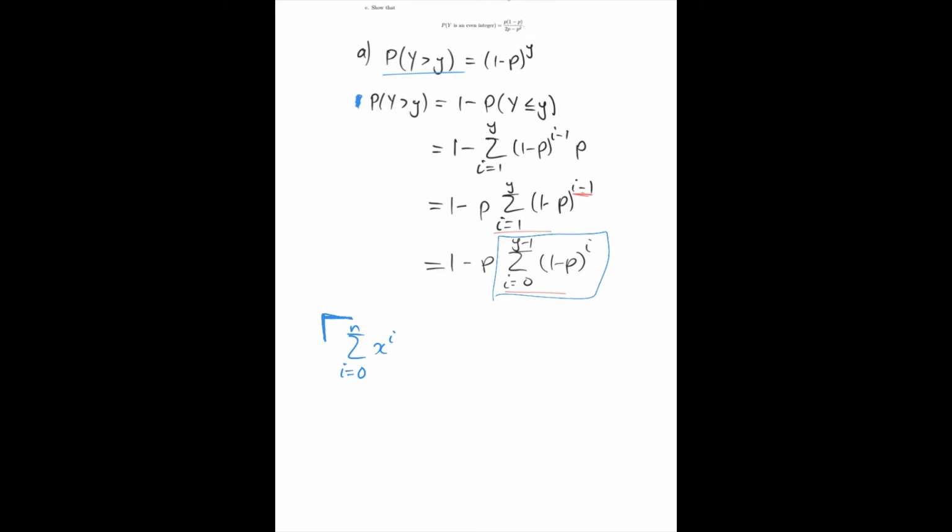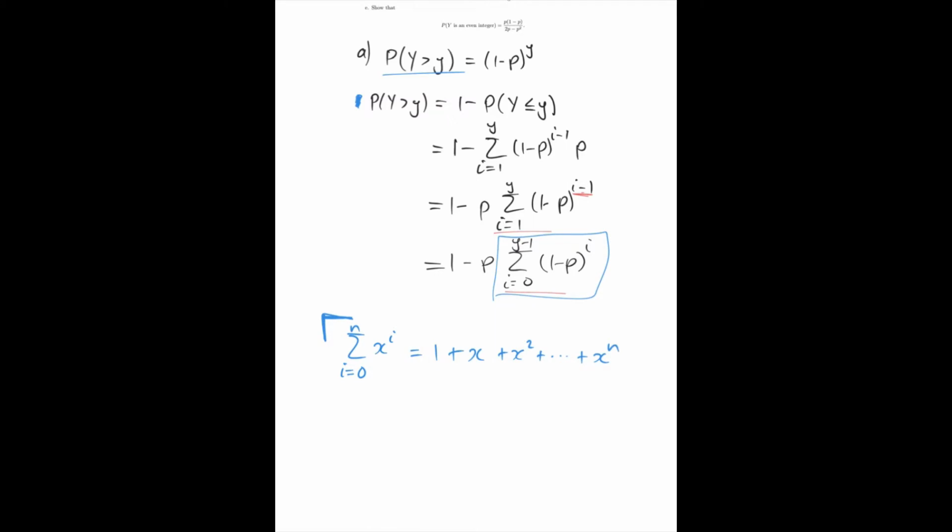Now, let's just write out the definition of that. So when i equals 0, that is x to the power of 0, which is 1, plus when i equals 1, it's x to the power of 1, plus x squared, plus all the way up to x to the n.